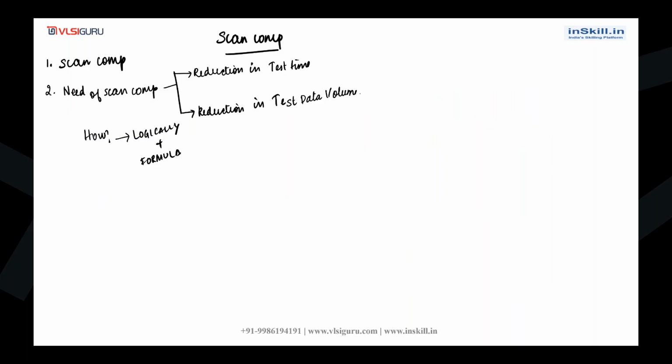And then there will be a quantity called compression ratio. The compression ratio formula is the number of internal chains divided by the number of external channels.